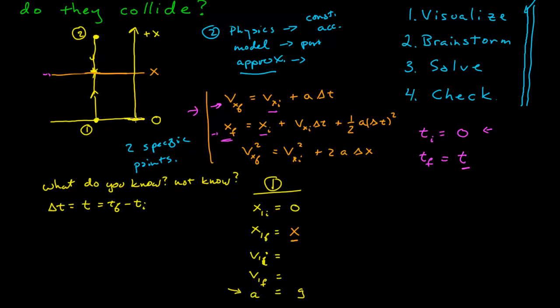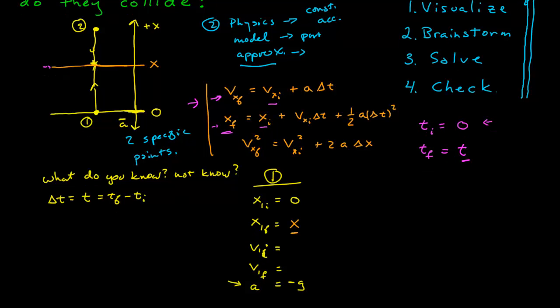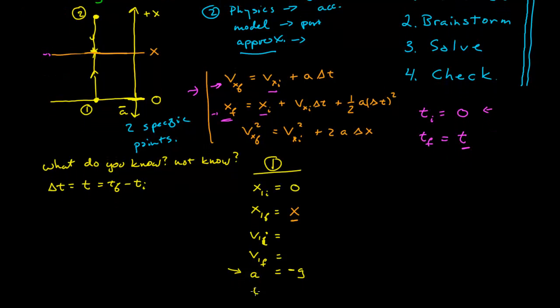So with this coordinate system, a is pointing down in the negative x direction. So I would call a to have a value of negative g, where g is the magnitude of the free fall acceleration. And of course, there's the time, and the time is unknown. Okay, so what do I know about particle 2?